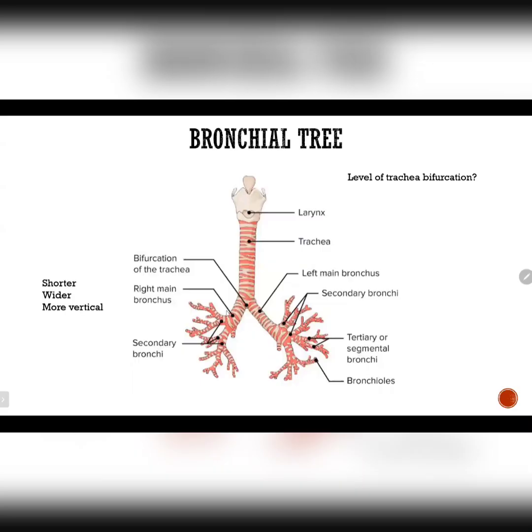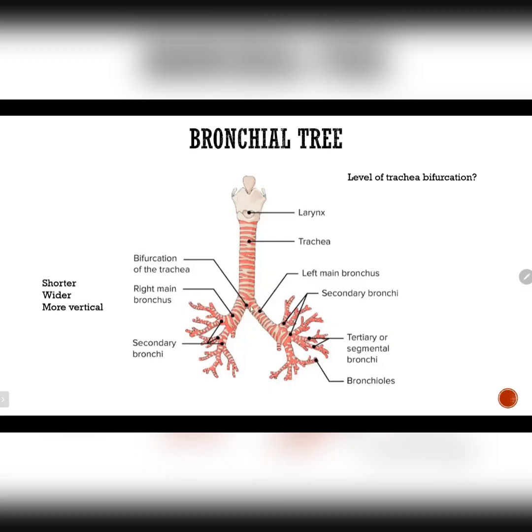So the clinical importance of that is that any foreign object can get easily lodged within the right bronchus, because if the person chokes on a piece of food, or if a child chokes on a small toy, from the laryngeal inlet, the foreign body will fall through the trachea, and because the right bronchus is more vertical, the foreign body has more chances of going and getting lodged in the right bronchus.